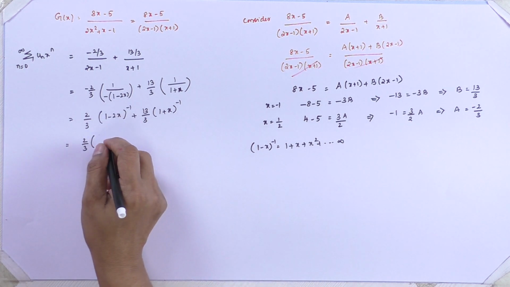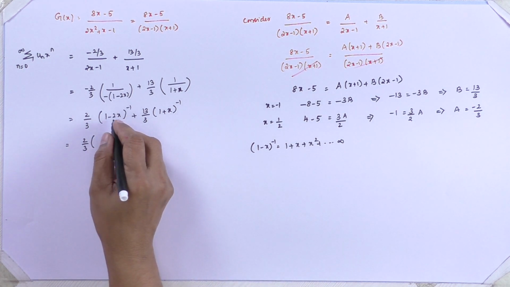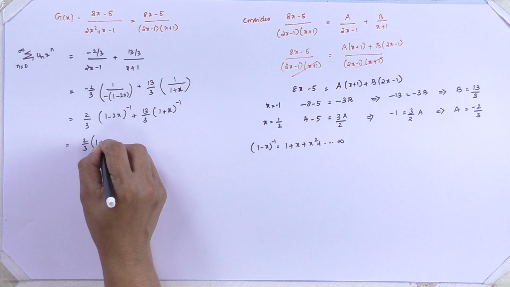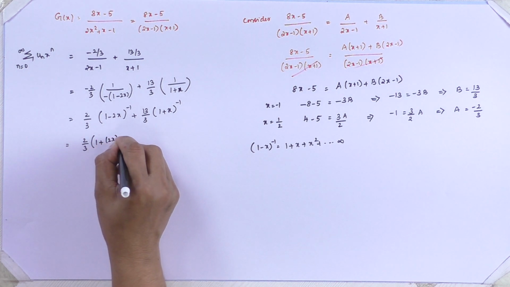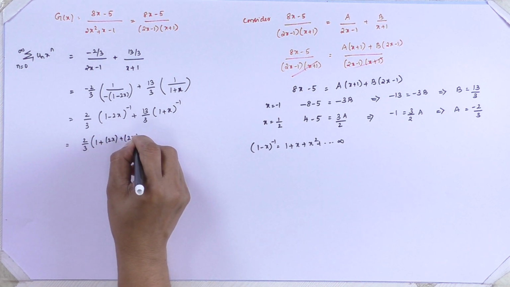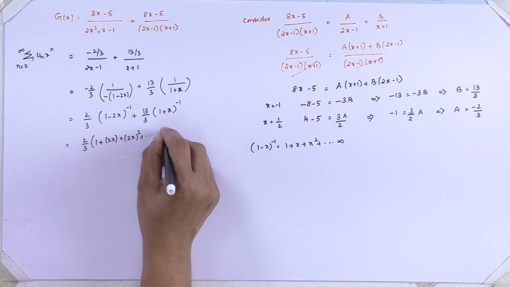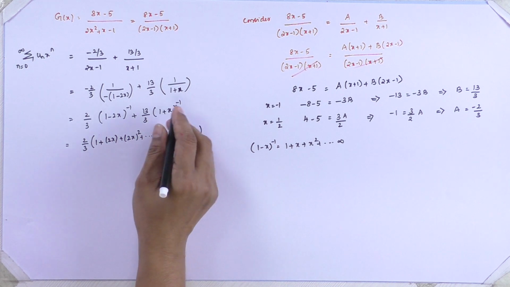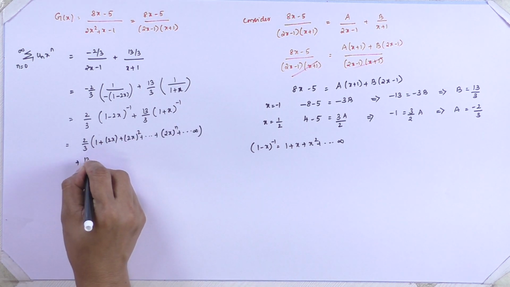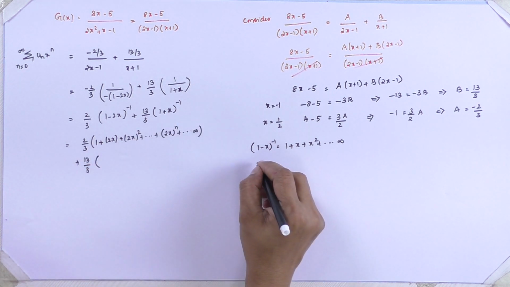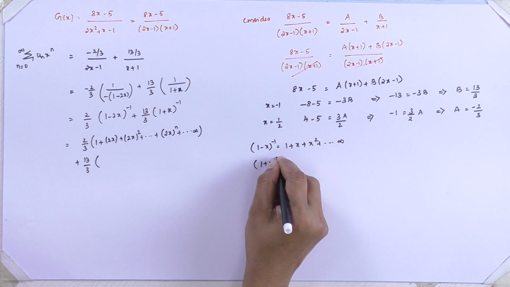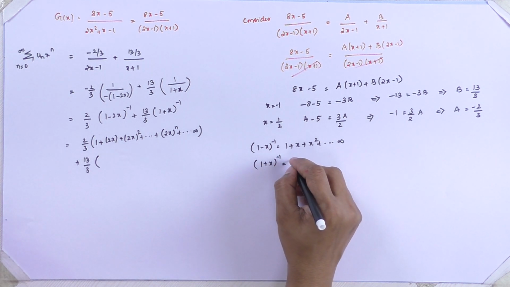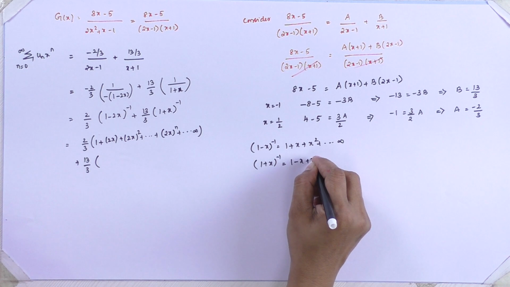So that way I will have x itself as 2x here, 1 plus 2x plus 2x the whole square plus so on, plus nth term I will have 2x power n plus so on till infinity, plus 13 by 3 into this 1 plus x the whole raised to minus 1, alternate I will get plus minus: 1 minus x plus x square.